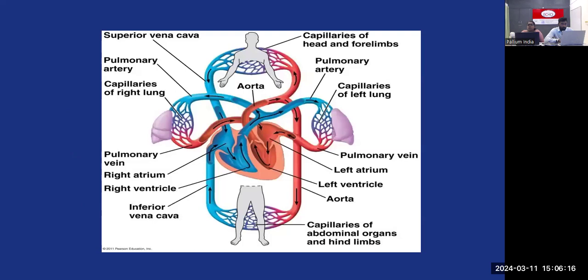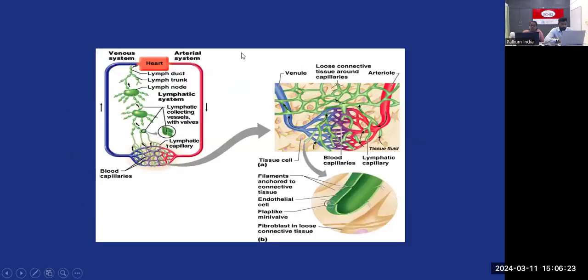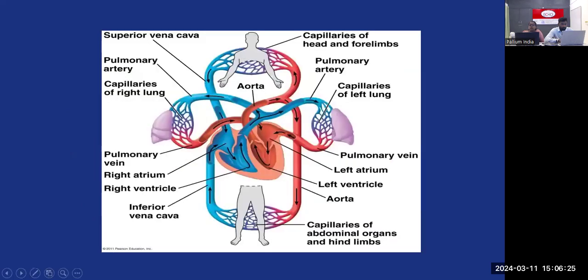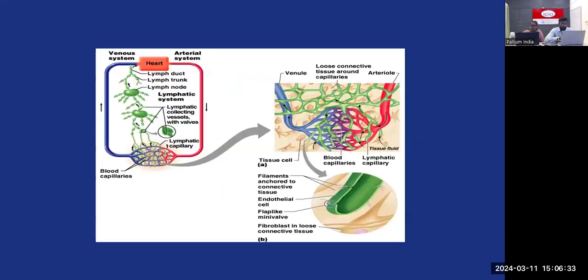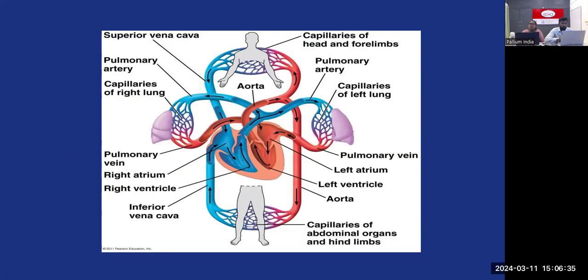So this is our systemic circulation. You all know what systemic circulation is. From the upper part of the body, the superior vena cava collects the deoxygenated blood, and it finally goes to the right atrium.